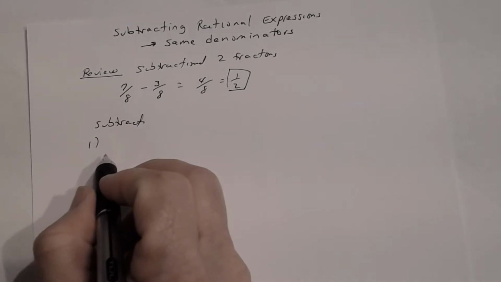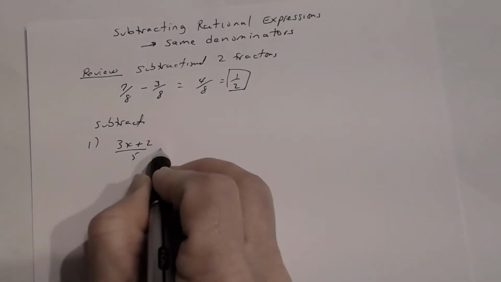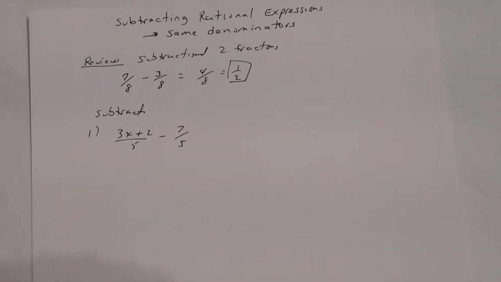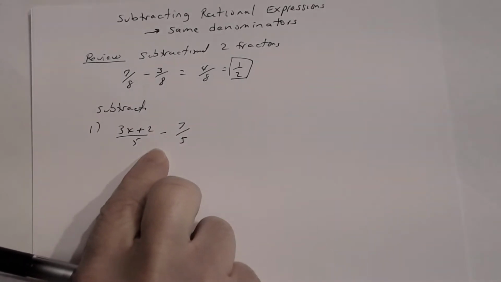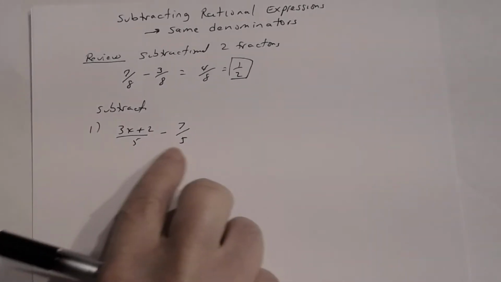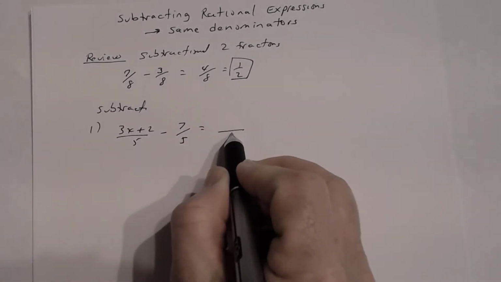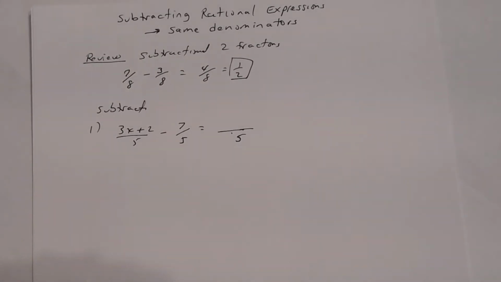Number 1, we have 3x plus 2 divided by 5, and we're subtracting 7/5. I have these two rational expressions, and I want to subtract them. Notice the denominators are the same, so I can write this as one rational expression with that denominator of 5.